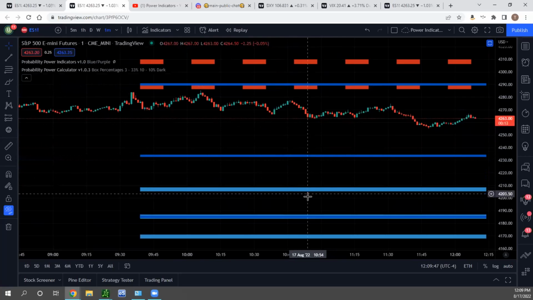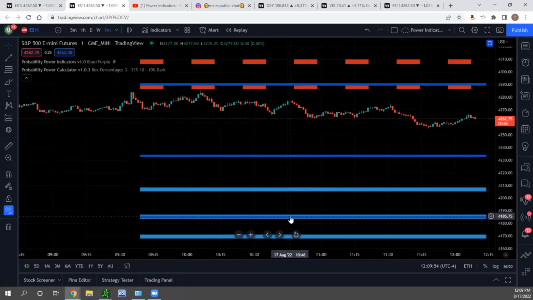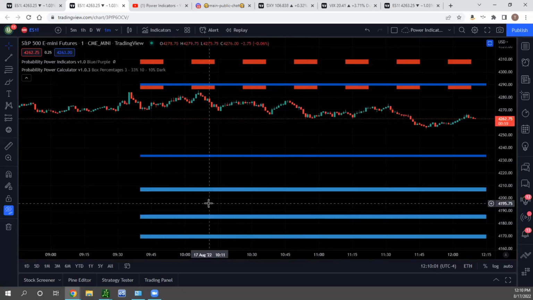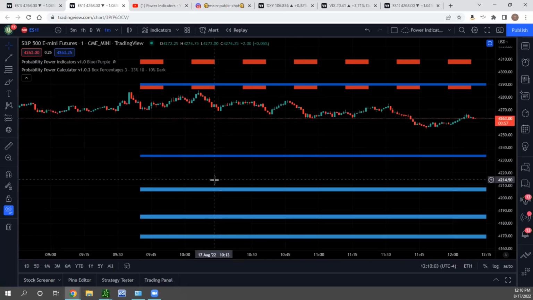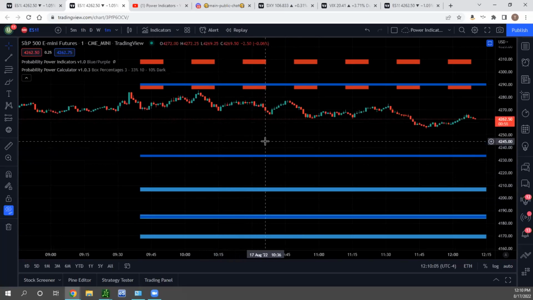And then of course we have the support of the major and minor zones stacked below us. And then there's a minor zone laid on top of a major zone here around 4185. So we know that that's going to be an important level of support.